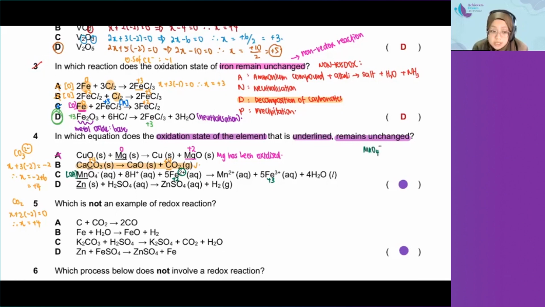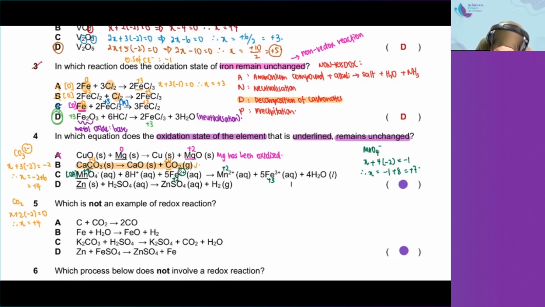Let's calculate the oxidation state of manganese in MnO4-. Let the oxidation state of manganese be X. So X plus 4 times the oxidation state of oxygen, which in most compounds is -2, equals the charge of the ion, which is -1. Solving for X: -1 plus 8 is +7. So the oxidation state of manganese in the manganate ion is +7, and in the product Mn2+, the oxidation state is +2.